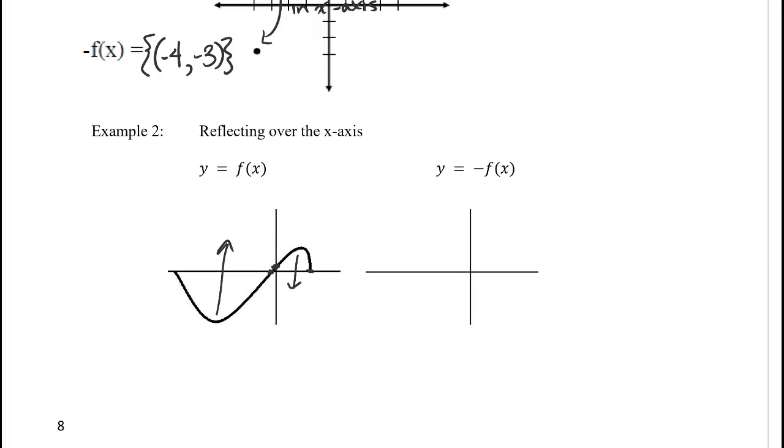Anything that's actually on my x-axis, because it's 0, when you change the sign of 0 from positive to negative, the value actually doesn't change. So anything on your x-axis is going to be called an invariant point.